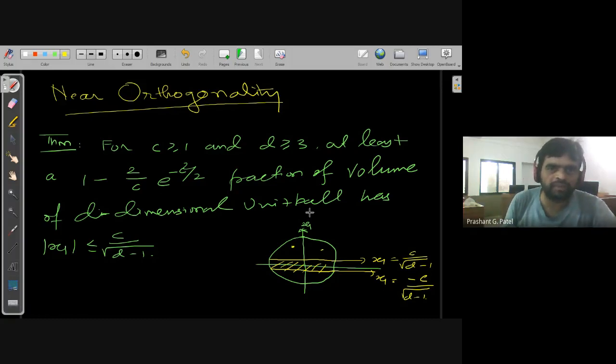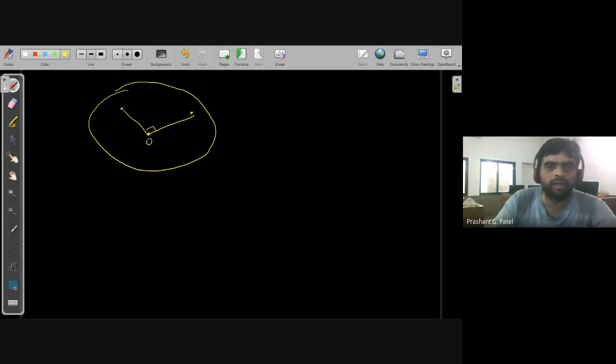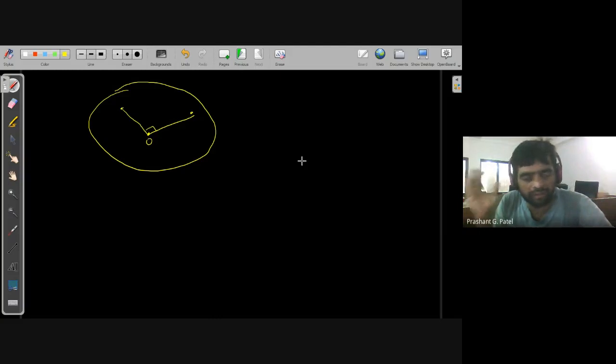So if you pick any two points in the d-dimensional unit ball, and the origin is here, then these two vectors are nearly orthogonal. Orthogonal means the angle between them is 90 degrees, so the two vectors are perpendicular.